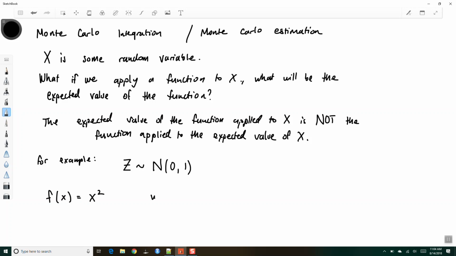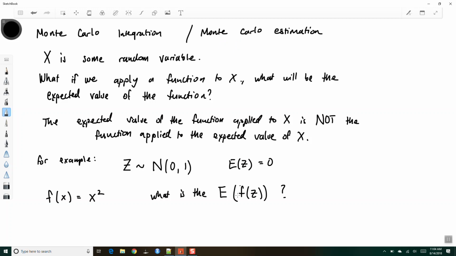Okay? So what is the expected value of the function applied to z? What's that? This is no longer straightforward, right? So the expected value of z, what's the expected value of a random normal variable? 0, right? Random standard normal, the expected value is 0, okay?